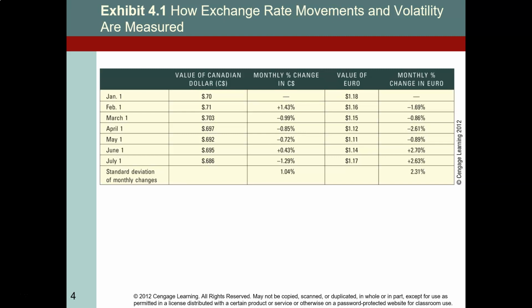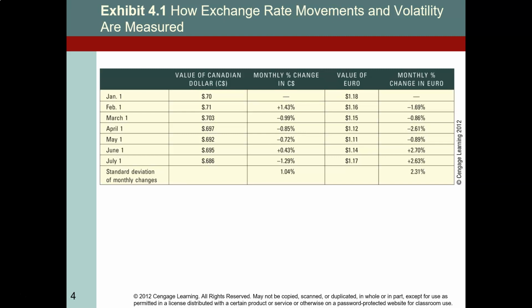This is the value of Canadian dollars in US dollars. So we can see that on January 1st, 1 Canadian dollar is worth 0.7 US dollar. And then as time goes by, it increases and then decreases after March 1st.